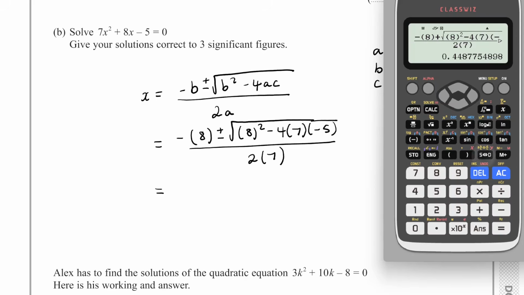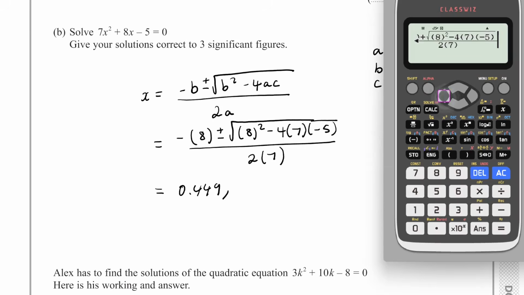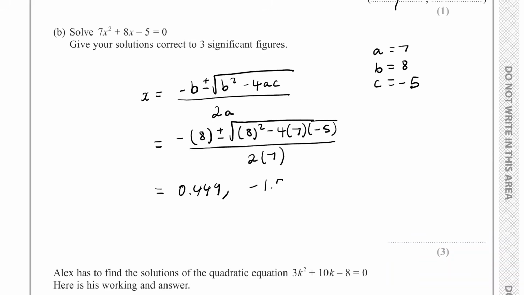So I've got to 3 significant figures, 0.449. And the second answer, so just changing that plus into a minus, and we get negative 1.59. So we've got 0.449 and negative 1.59.